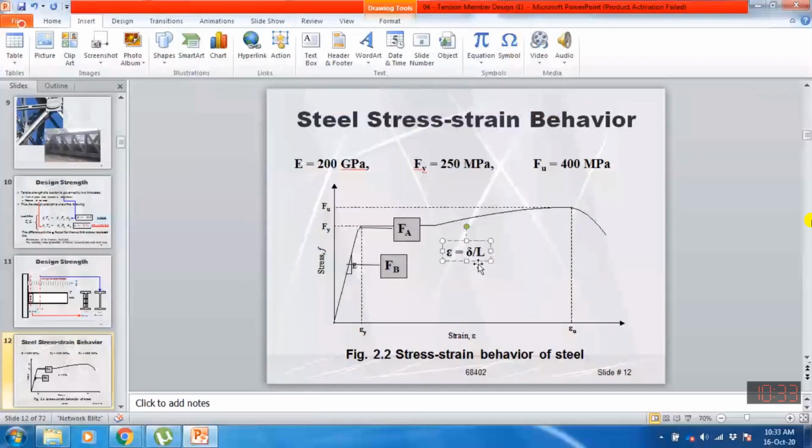So when I want to compute the strain, this strain will be equal to diameter.